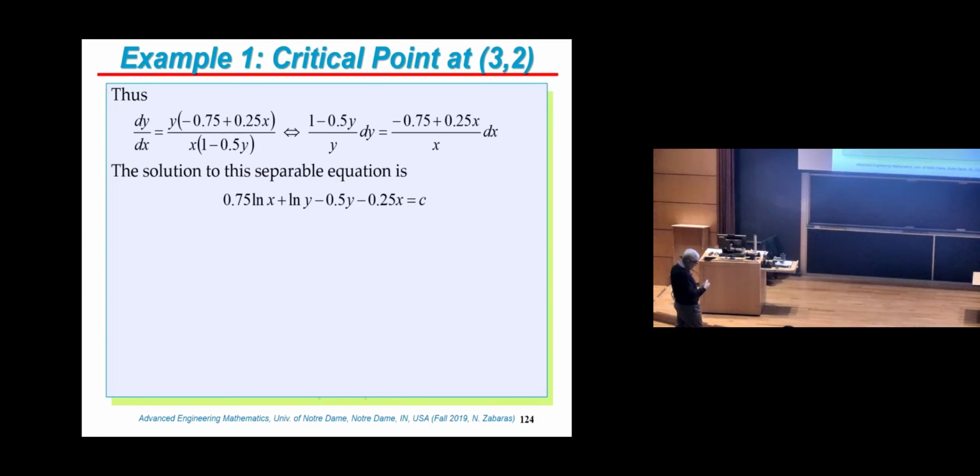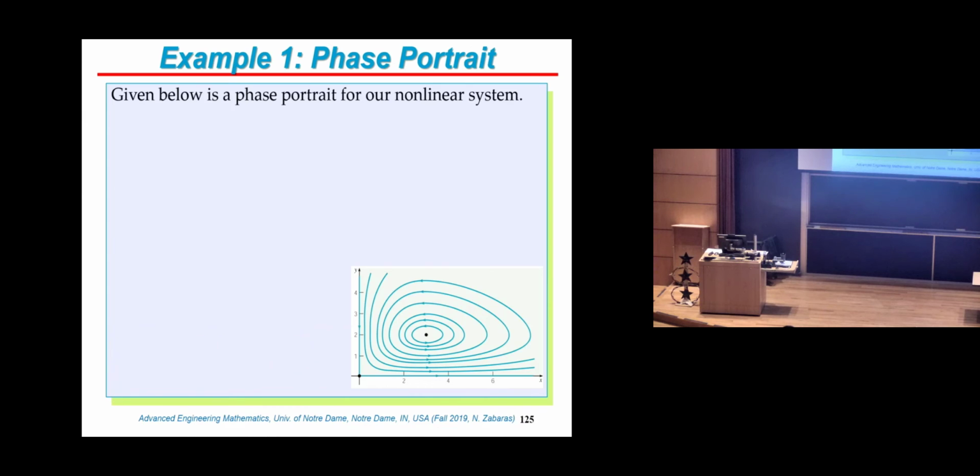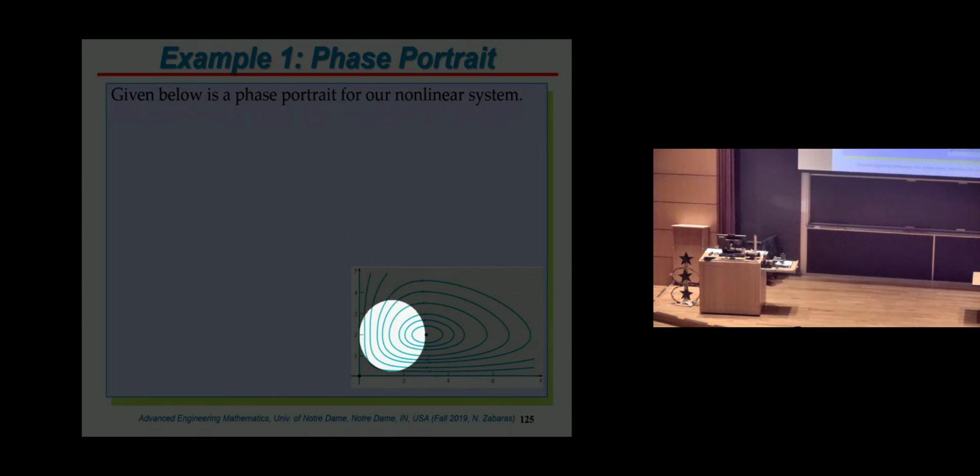Now you are going to have to plot it numerically to convince yourselves that these trajectories are actually closed trajectories. They are not ellipses. They look much more complicated, but they're closed trajectories. So the ellipse was not a bad approximation. And if I plot them, this is how the exact trajectories look.